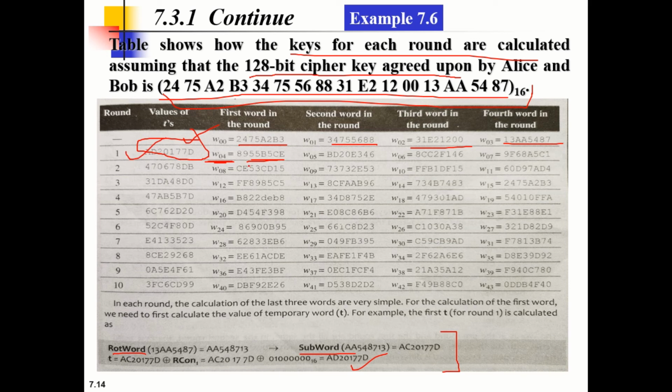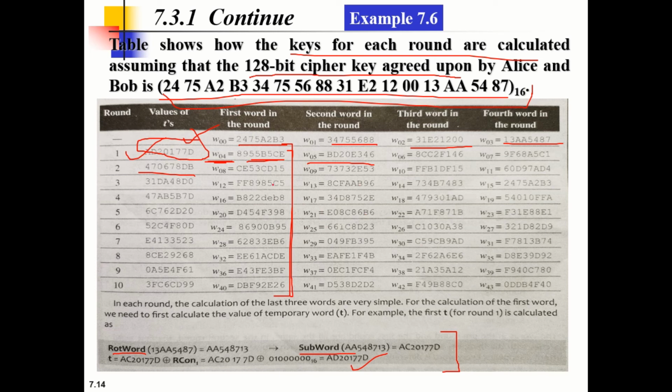Just like this we can find out the value of the temporary word for each and every round. The main concern, or the extra step, is required for those words whose subscript is a multiple of 4. The rest of the words you can calculate from the existing words which you already have, right?